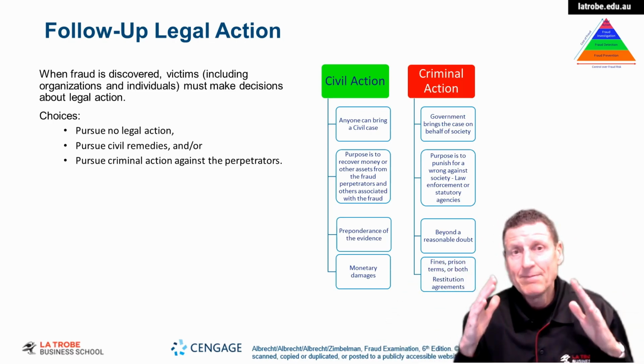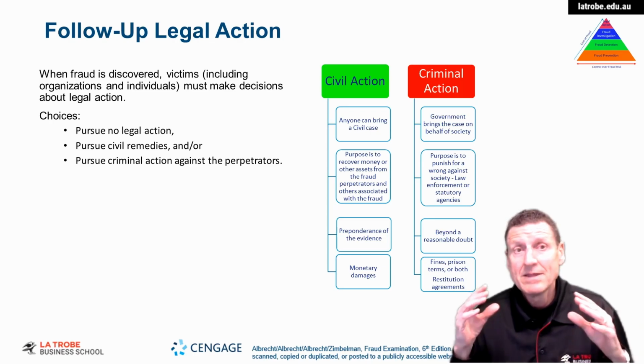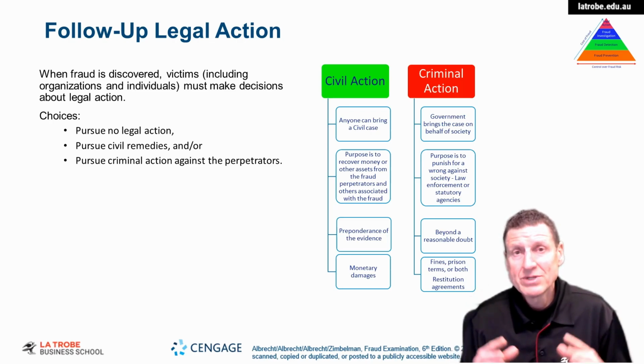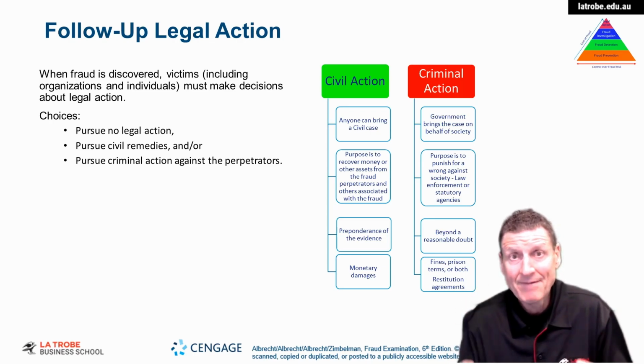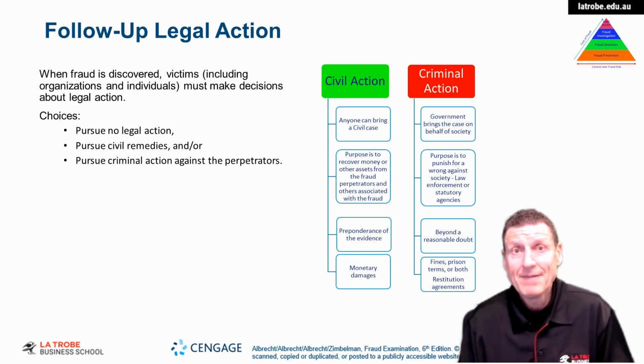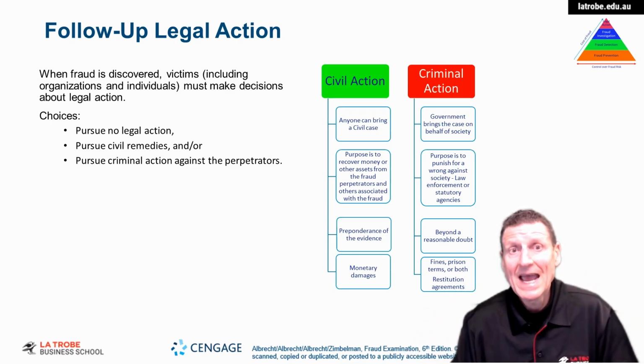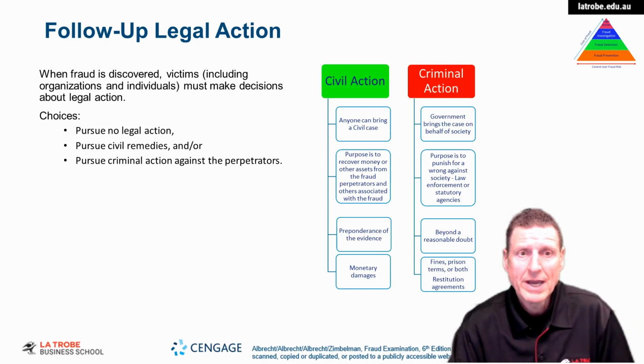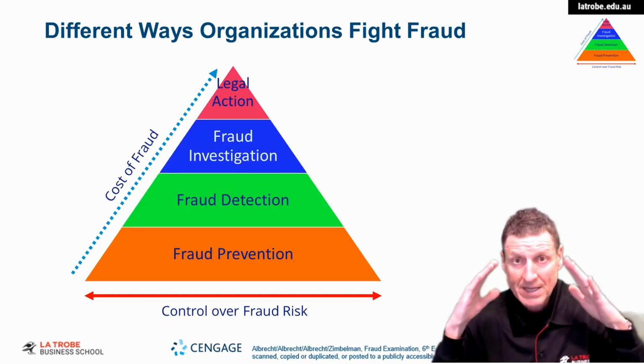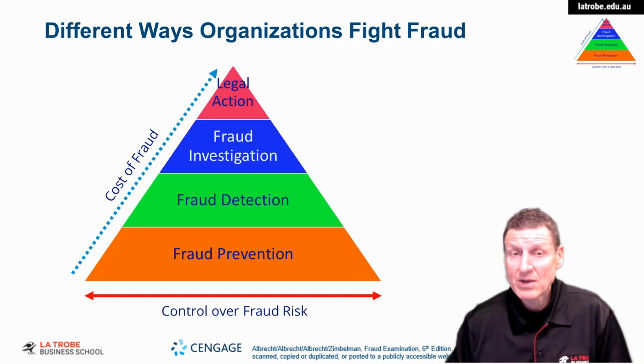So that's why the big message of this chapter is the best approach to dealing with fraud is to not have it happen to begin with. And that is to invest in fraud prevention activities. And that's why I show you this pyramid for you to take away.